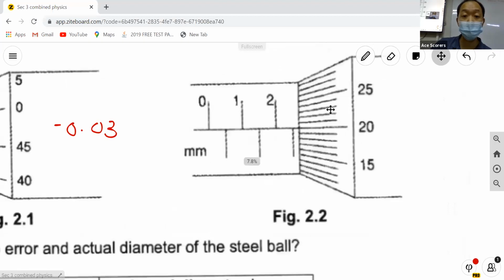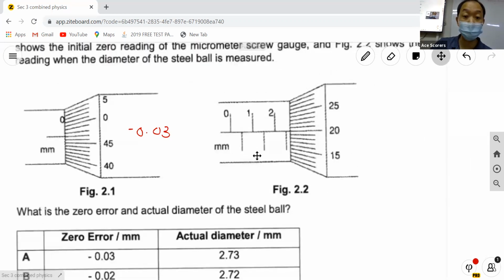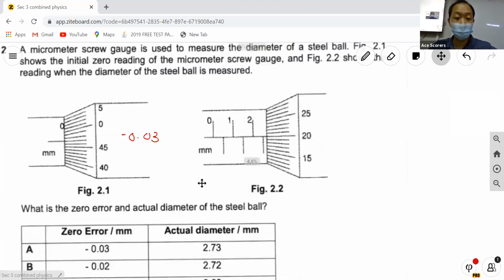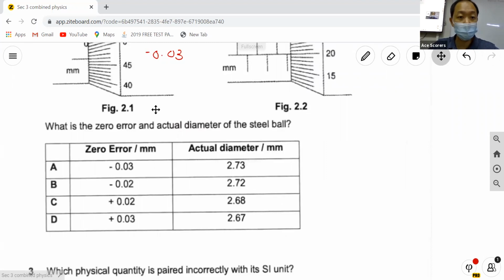Okay, so what's the reading? 0, 1, 2, 2.5 plus this 20. Okay, so it's 2. What's the reading over here? Wait, what do they want? Zero error. Okay, they want to find out what's the zero error. So it's here.